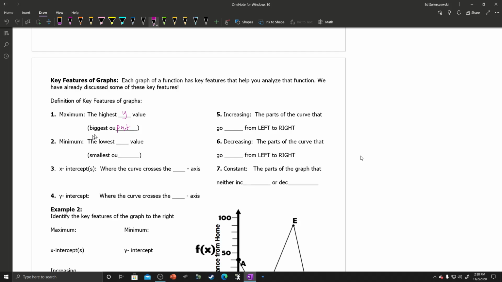So maximum, highest y value, biggest output. Minimum would be the lowest y value or the smallest output. X-intercepts are where the curve crosses the x-axis. Y-intercept, where the curve crosses the y-axis.